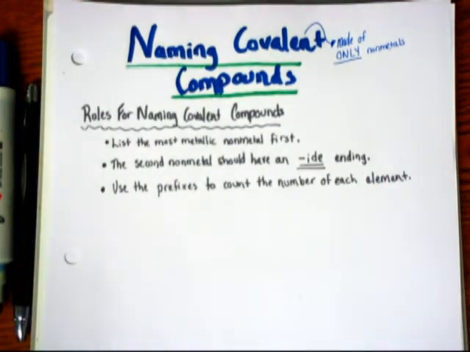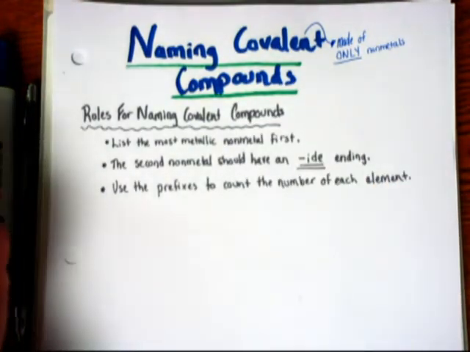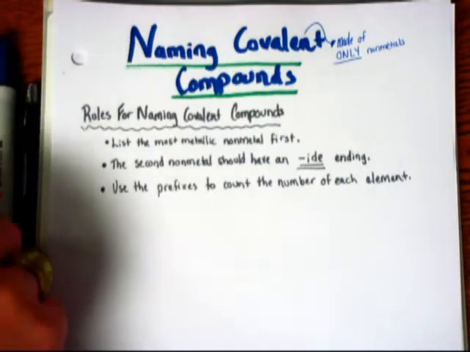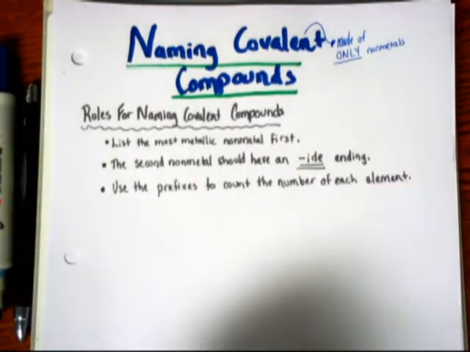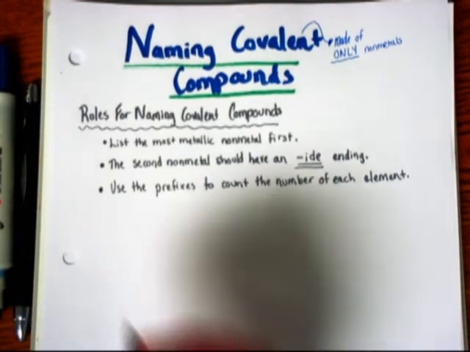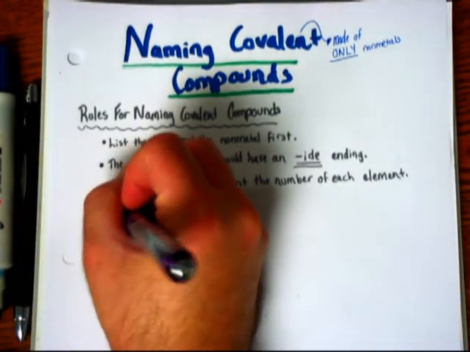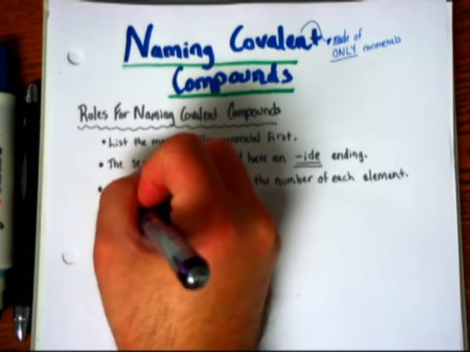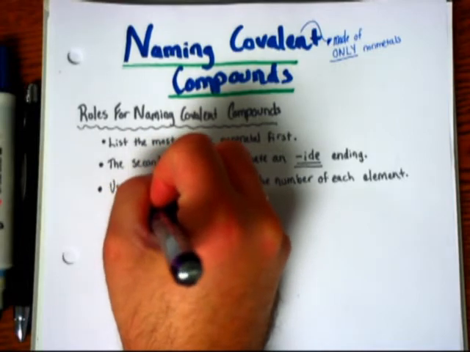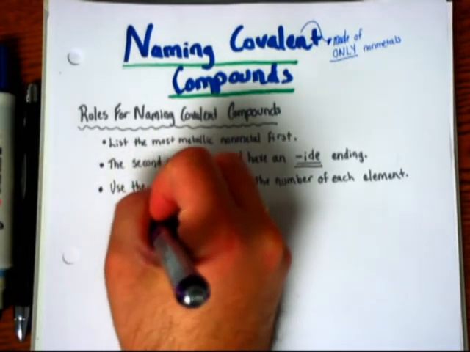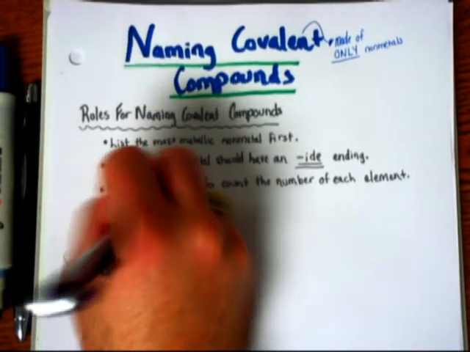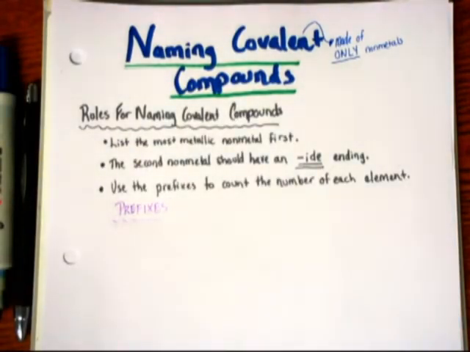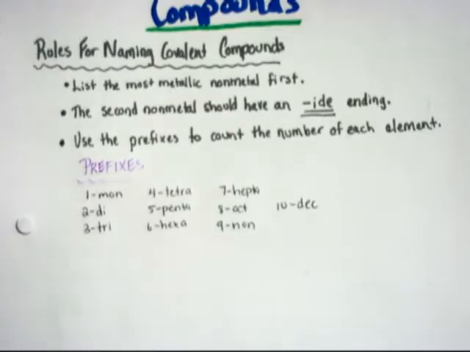And let's go over those prefixes real quick. A lot of these are from geometry, so you've seen some of these before. These are the prefixes. Okay, awesome. So there's your prefixes, right?